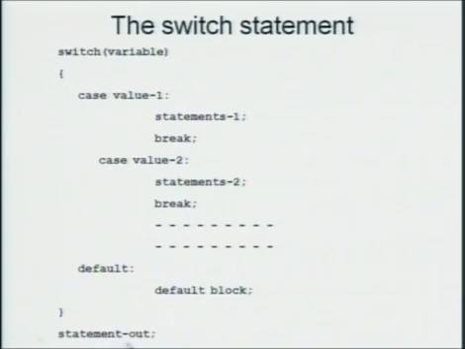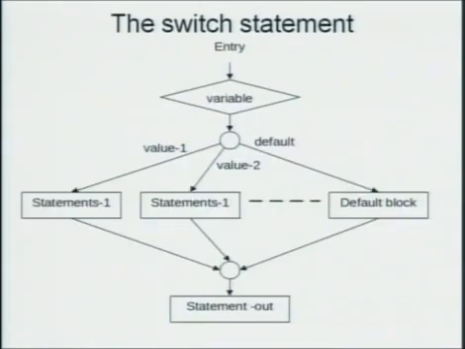When the switch is completed, it will execute the statements written after the switch case. This is how the switch case statement executes. The graphical representation in a flowchart is shown over here. Your program will check the value of the variable. If that value is value 1, statement 1 is executed and it will go out of the switch.